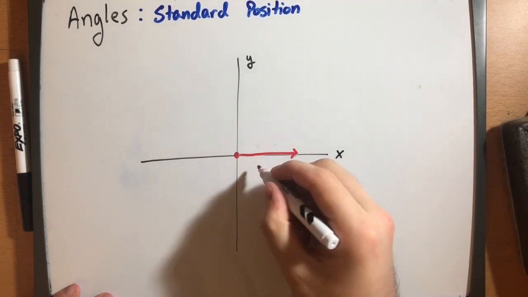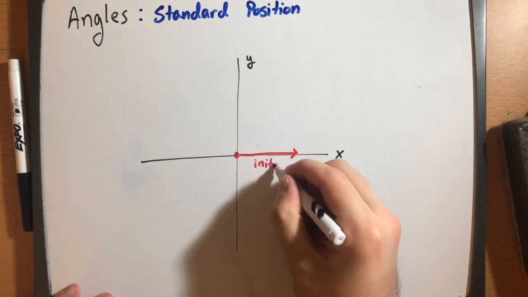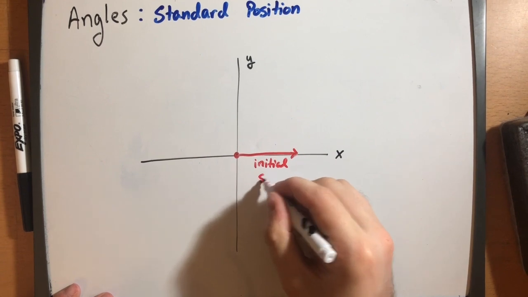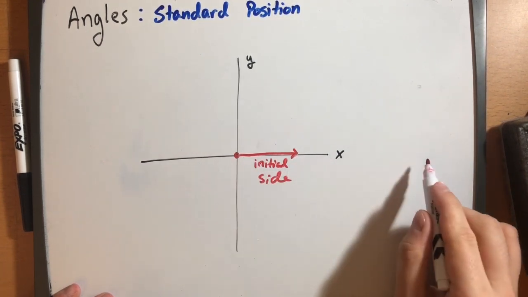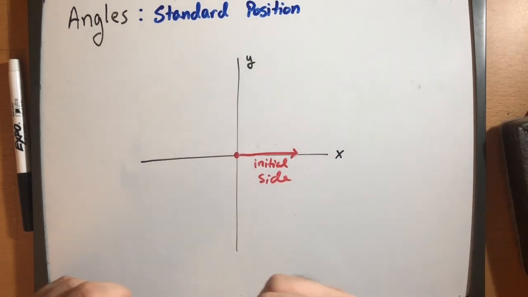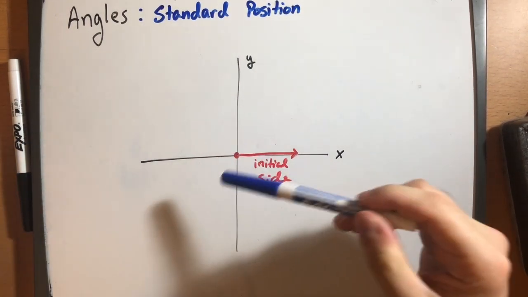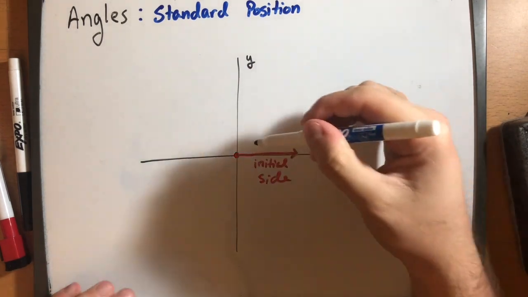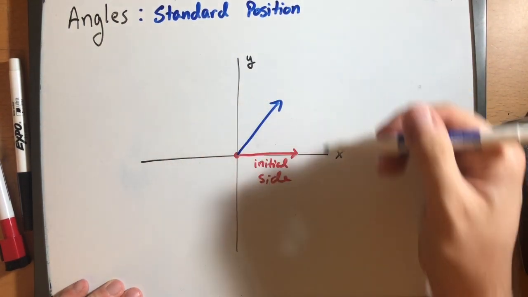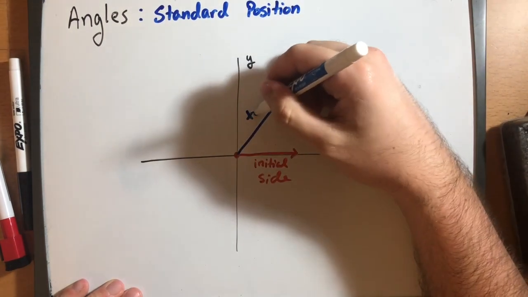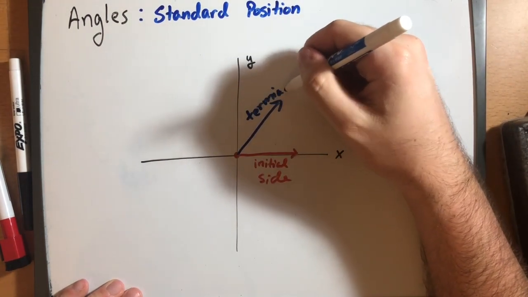So notice here how I put the initial side here on the positive x-axis. So it starts at the origin and continues going to the right. Now to be an angle, they have to share the same endpoint. So we'll say here that the terminal side will now be the one that rotates around. This is called the terminal side.